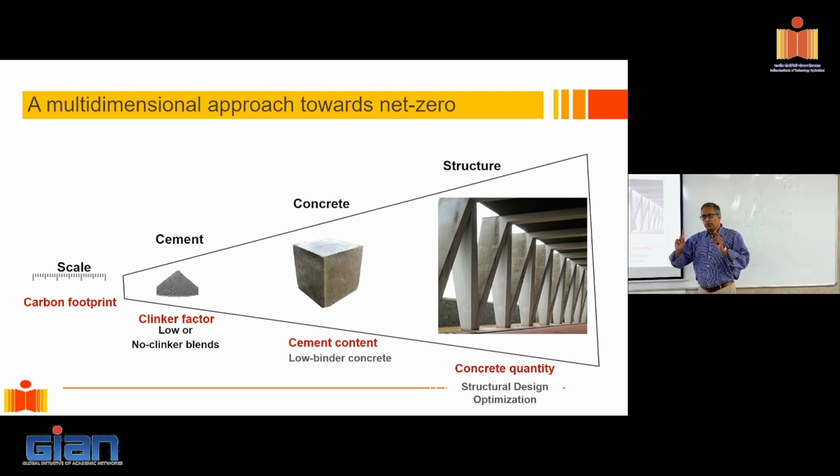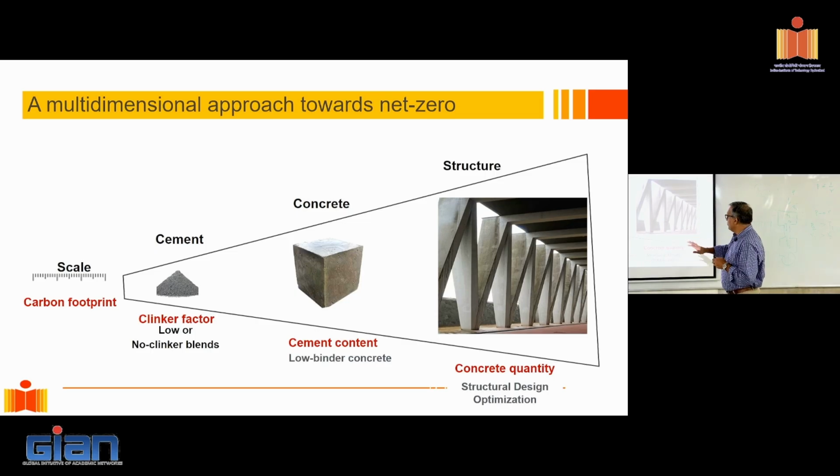The whole point is, suppose I ask you to design a structure conventionally. You come to me with the design saying, sir, this is what you told me, here is your structure. Now, I tell you, I'm going to produce the same structure at a fraction of the cost, a fraction of the material weight, right? And that is the structural scale where we look at structural design optimization. How can we do this?